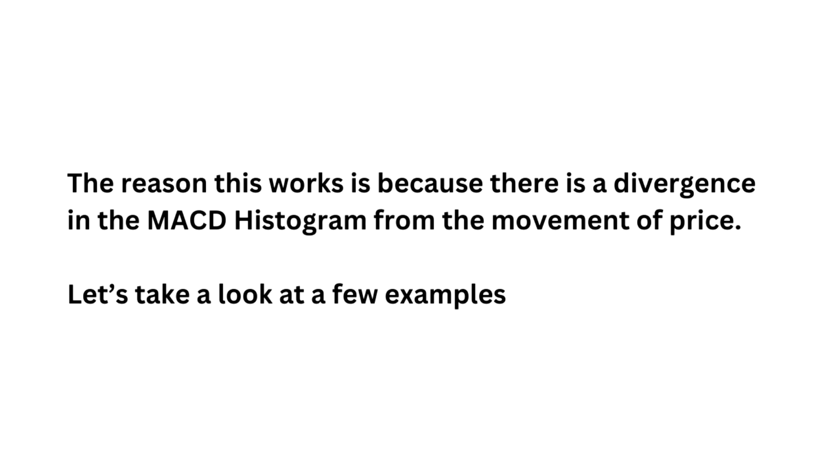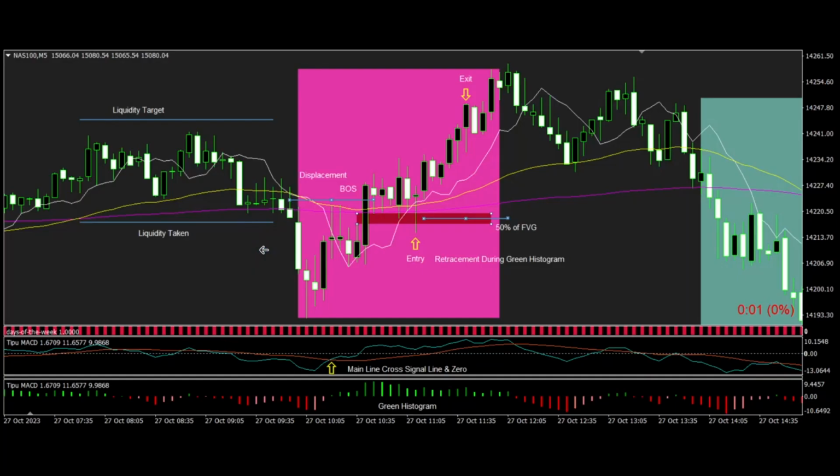Let's take a look at a few examples. This is a textbook example. Liquidity was taken, and we now have a liquidity target. Displacement has happened with a break of structure. This is confirmed with the MACD lines, where the main line has crossed the signal line, and then it also crosses the zero line.